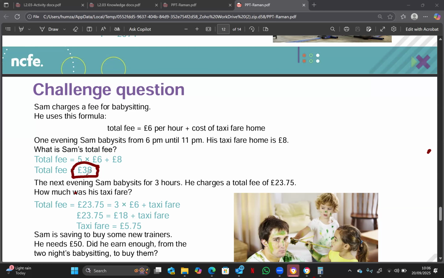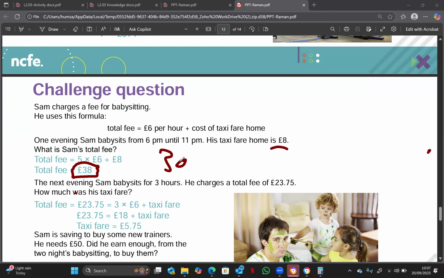Say you have a job and you get paid £50, but £10 is the taxi. How much did you earn? £40. Exactly. So here, £8 is the taxi. So how much did he earn? The total is £38 and £8 is the taxi. So he earned £30. Exactly.